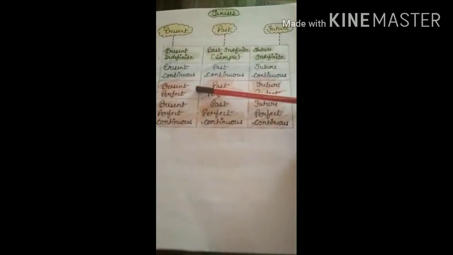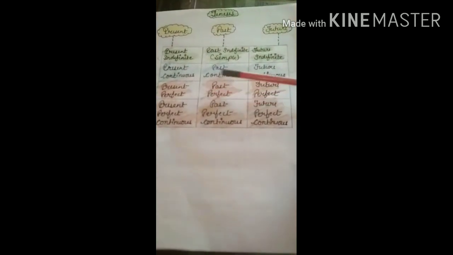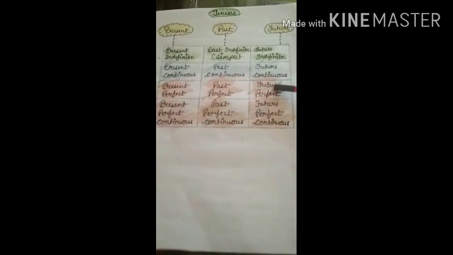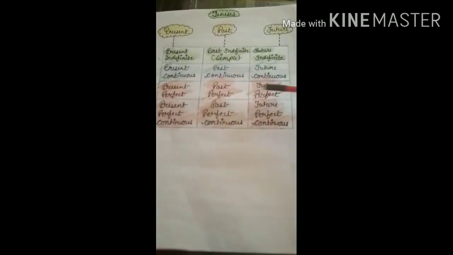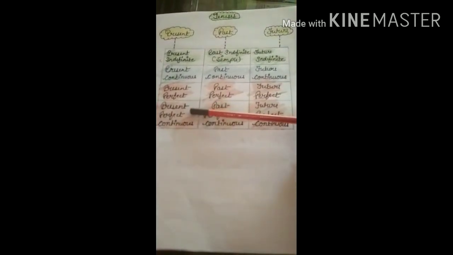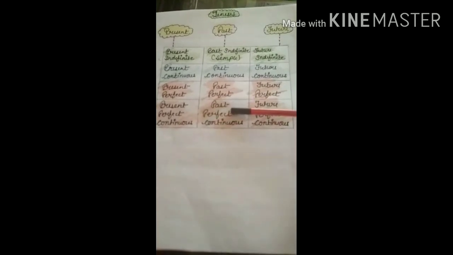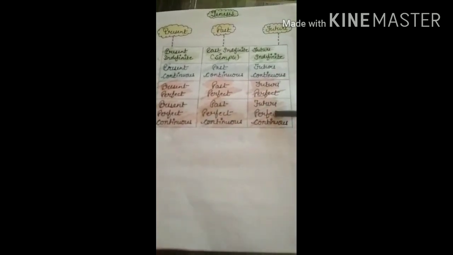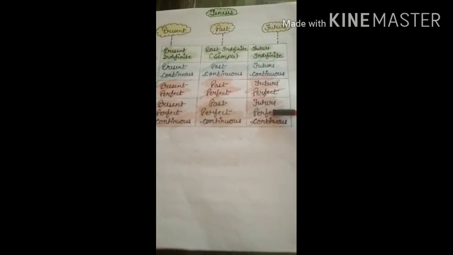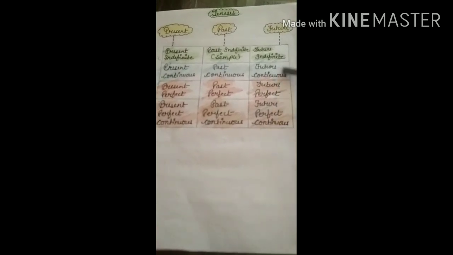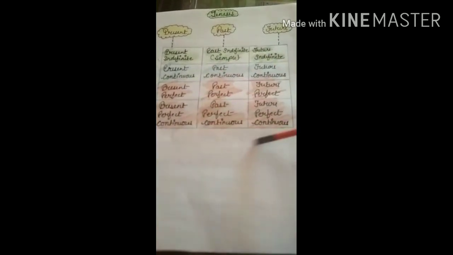And the next one is present perfect, past perfect and future perfect. And the last one is present perfect continuous, past perfect continuous and future perfect continuous. So students, the tenses are divided into 12 parts.